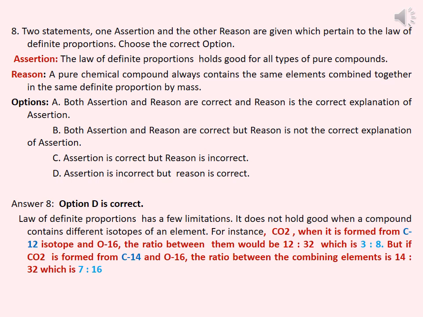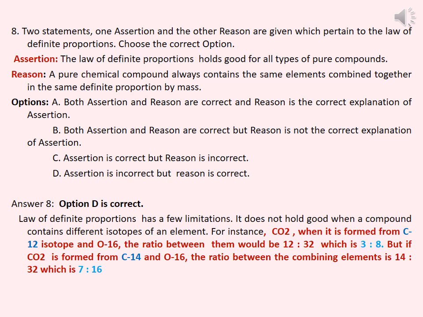Assertion and reason are given. Options: A. Both assertion and reason are correct, and reason is the correct explanation of assertion. B. Both assertion and reason are correct, but reason is not the correct explanation of assertion. C. Assertion is correct, but reason is incorrect. D. Assertion is incorrect, but reason is correct.